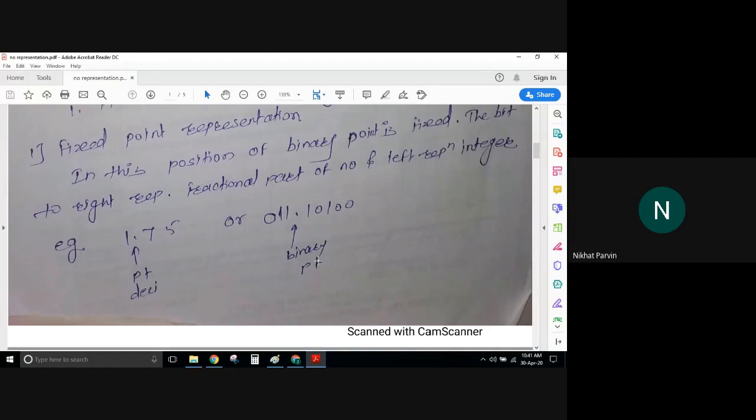Now in this fixed point or floating point representation, I will be bothered about addition and multiplication only. Why? Because if you remember, in any digital filter or digital system, we will have a delay element.